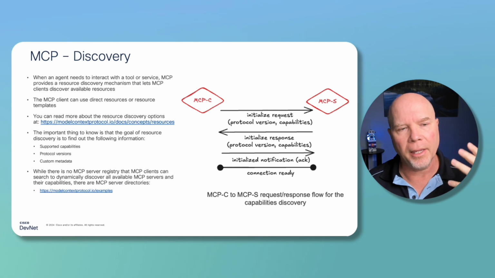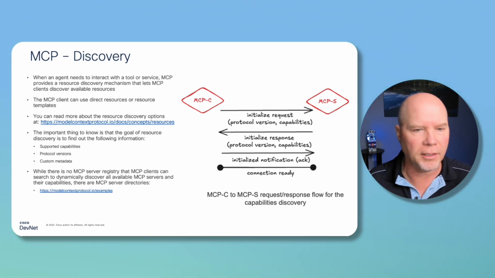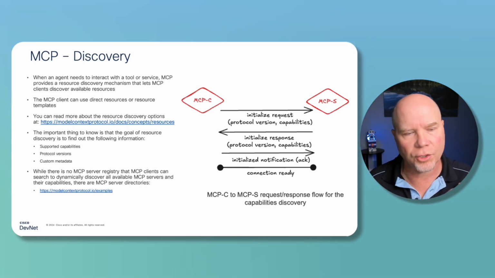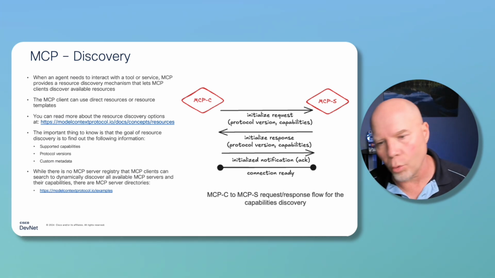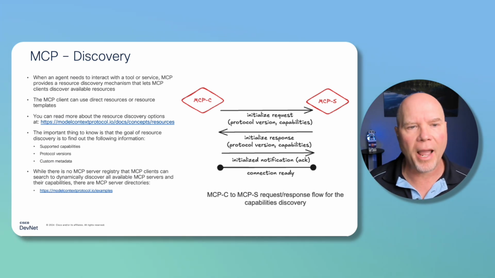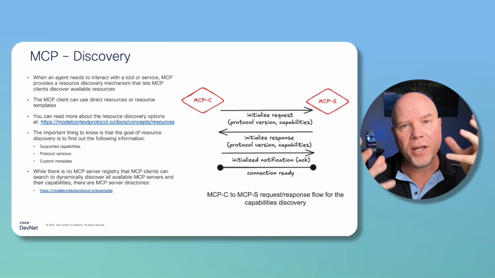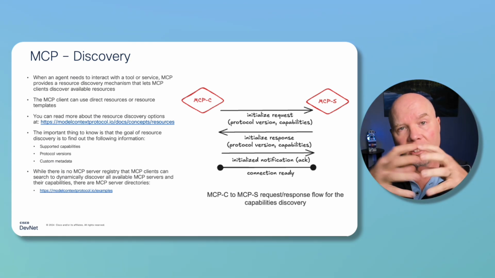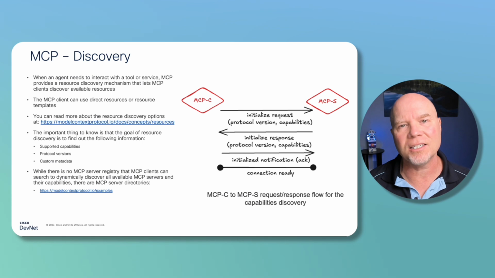It is a client, for example, registering in DNS or a server registering in DNS, and then we can go and poke that DNS server and find out what we need to do and get on with our business. There are other things like LDAP or dynamic registries that allow us to not only register things, but find things and then establish communication there. That is not what MCP discovery means.